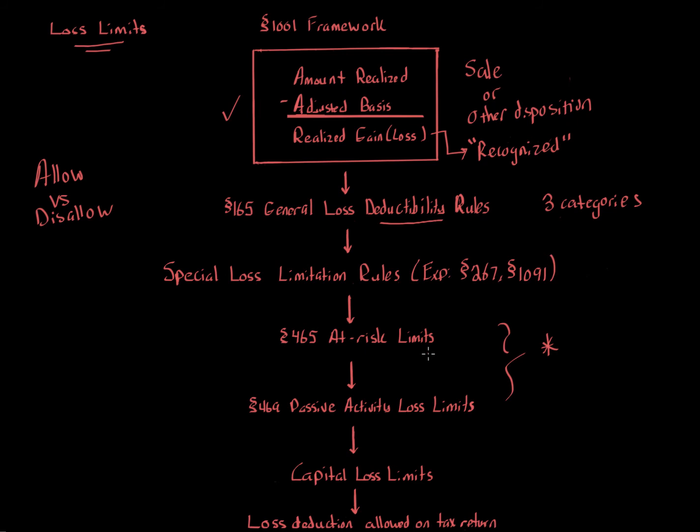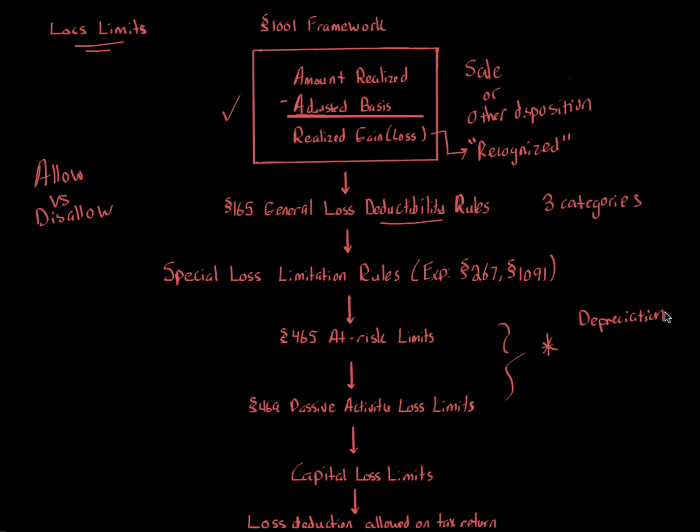So the at-risk limits allow a loss deduction with respect to the amount that the taxpayer is considered at risk. They actually have the skin in the game with respect to the deductions being taken. Again, depreciation was generally how the losses were being taken. The general tax shelter would invest in a building through non-recourse financing, and the owners would be allocated losses or depreciation a certain way.